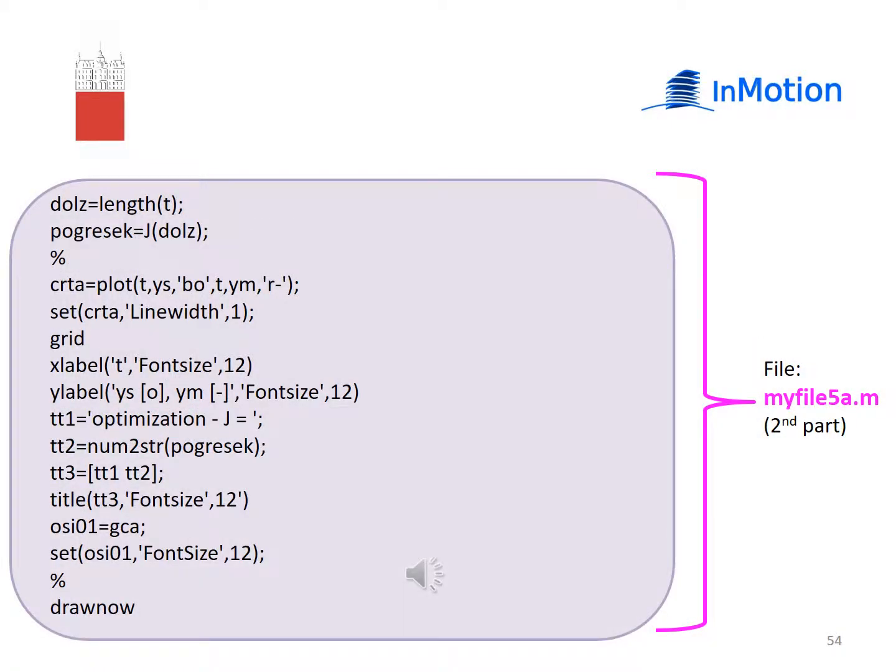At the end of the simulation run, the criterion function is evaluated, and the system response is plotted with blue circles, while the model response is plotted with the red line.